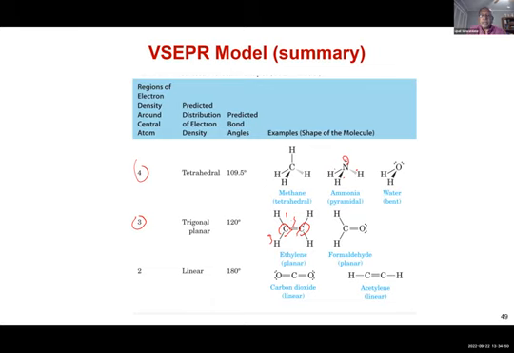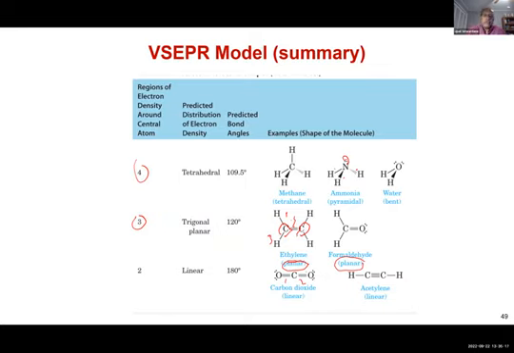Therefore, ethylene is two trigonal planar centers in a plane, so it becomes a planar molecule. We talked about this. Formaldehyde becomes trigonal planar. We just call it planar. Carbon dioxide has 2 electron groups.